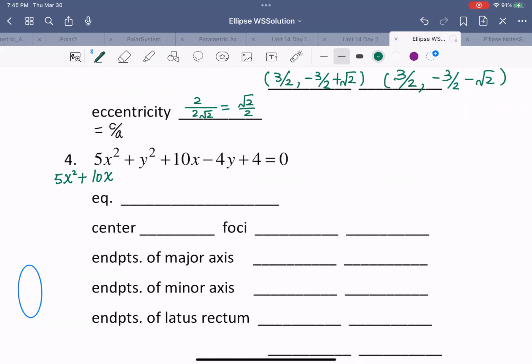Yes. And then plus y squared minus 4y plus 4 equals 0. So far, so good? Yeah. So you take the 5 out. So this becomes x squared plus 2x, yes? Yes. I will put 2 times x times 1, which is 2x.